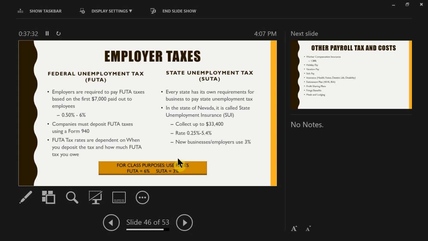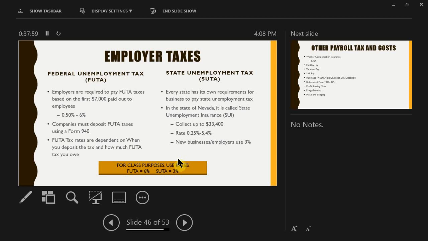All right, and once again, for this class, since we're assuming that we're creating a small business or we are a small business, I only need you to know 3%. So I'm making it a lot easier to help you calculate, but this is definitely something that you have to seek a professional tax accountant for, especially when you're dealing with payroll and doing it manually.